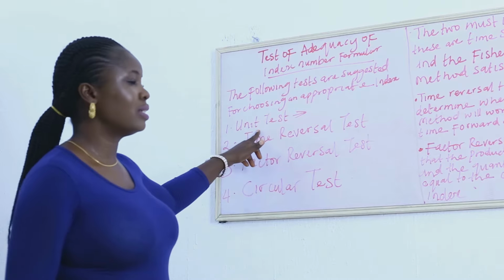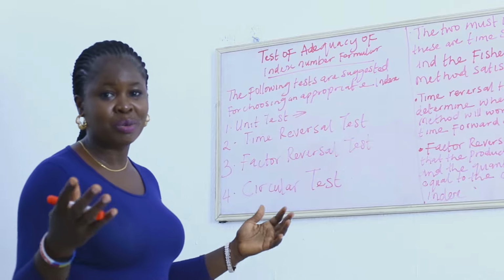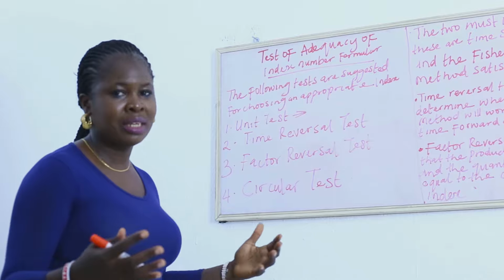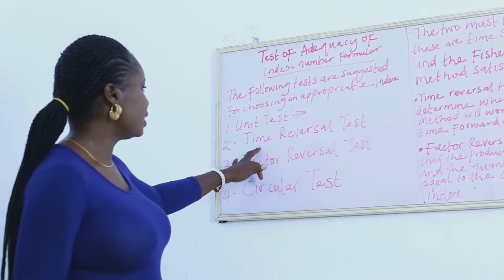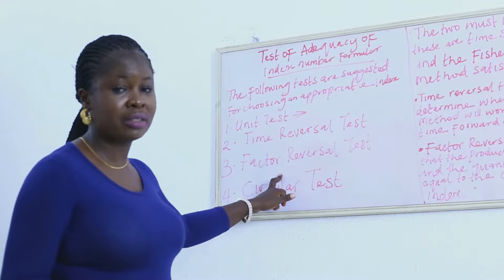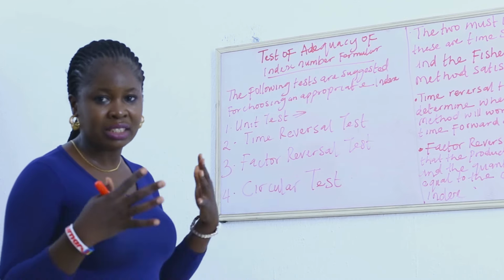The unit test satisfies majority of the formulas, so there's no need to be proving. There are some others that it does not satisfy, but majority of our formulas it satisfies.